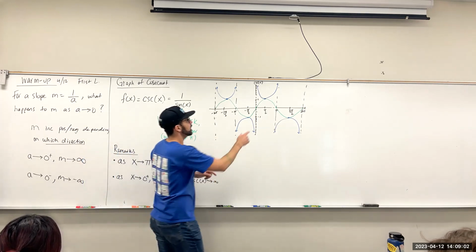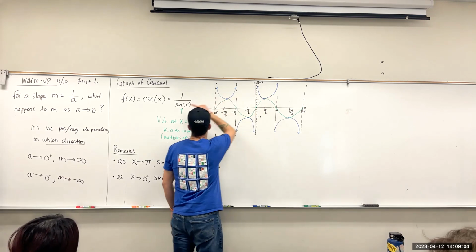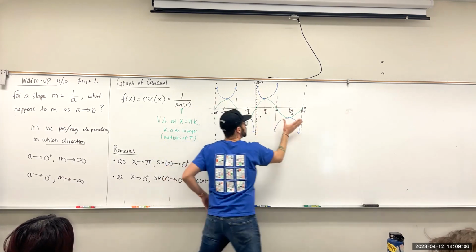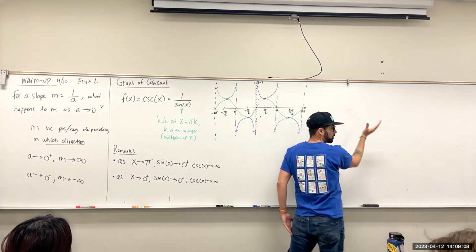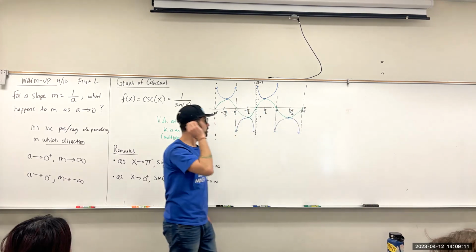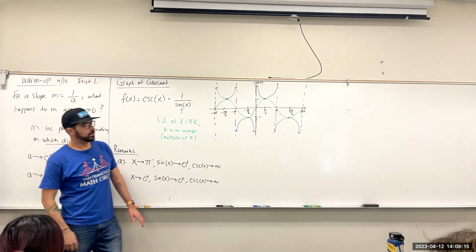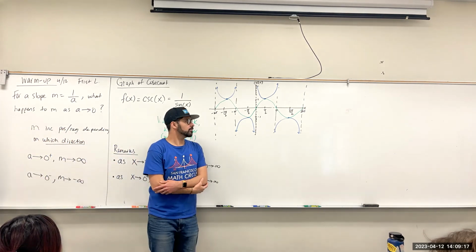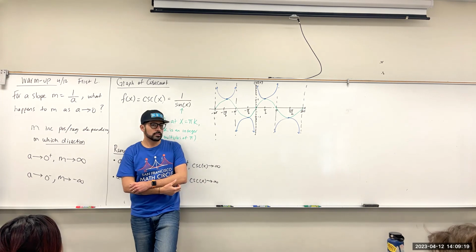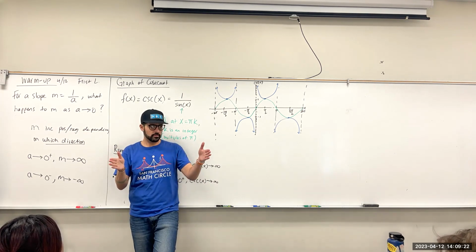And it's not like only one of these is the function of cosecant. All of these repeating little parabolas will be the graph of cosecant. And so does it repeat? Yeah. What do you guys think the period of repetition is? How often does it repeat? Pi?